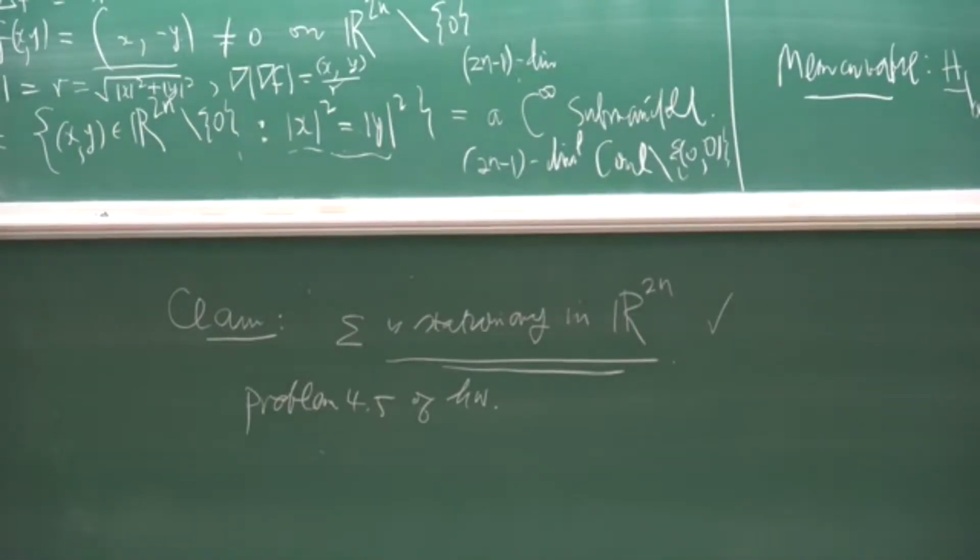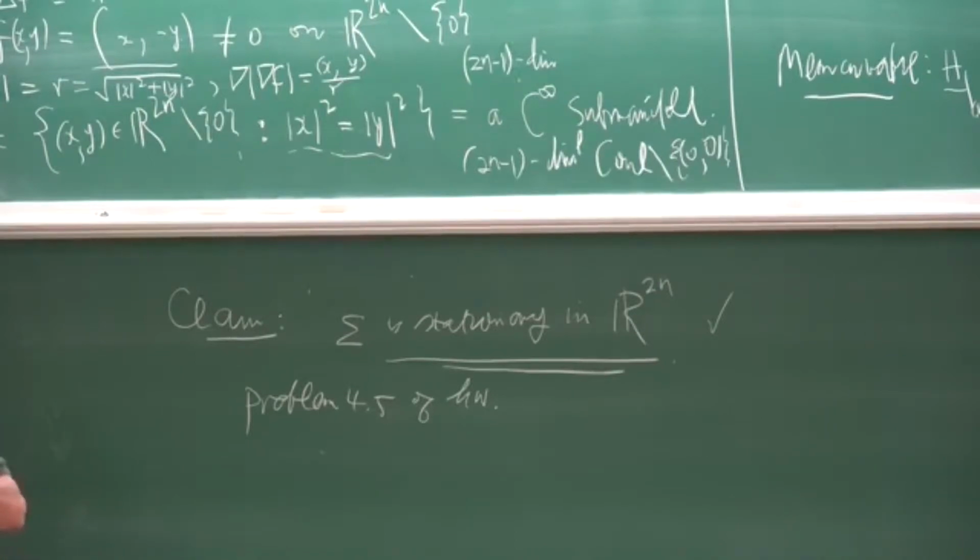Notice there was no multiplicity function, meaning that it's identically 1. So this is an example of a stationary multiplicity 1 rectifiable varifold in R2n, which has an isolated singular point at the origin. Okay, so I wanted to do that because I forgot to do that last time.